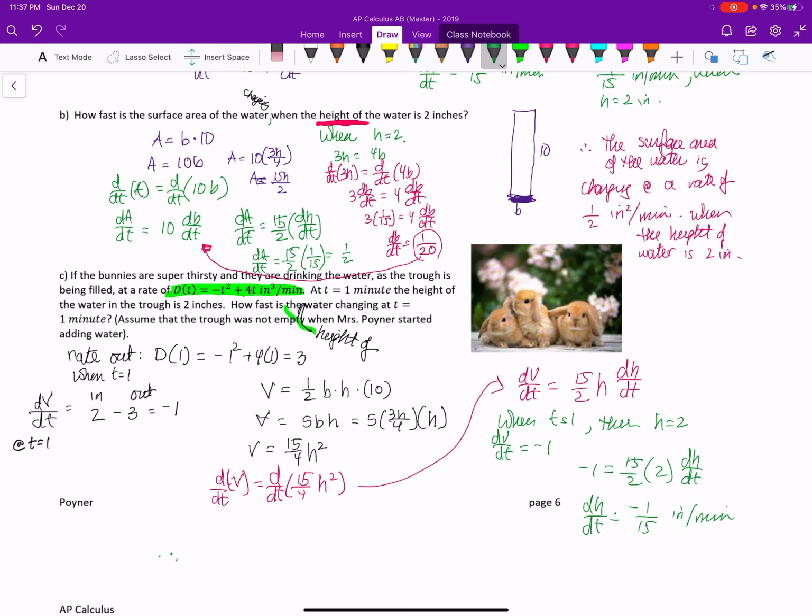So therefore, the height of the water, or you know what, I think I would just rewrite it prettier. The level of the water in the trough is decreasing.